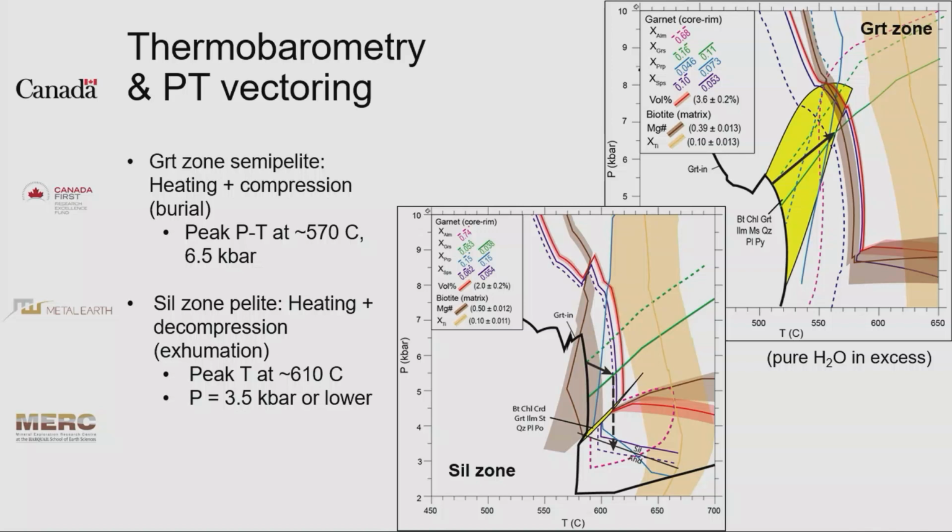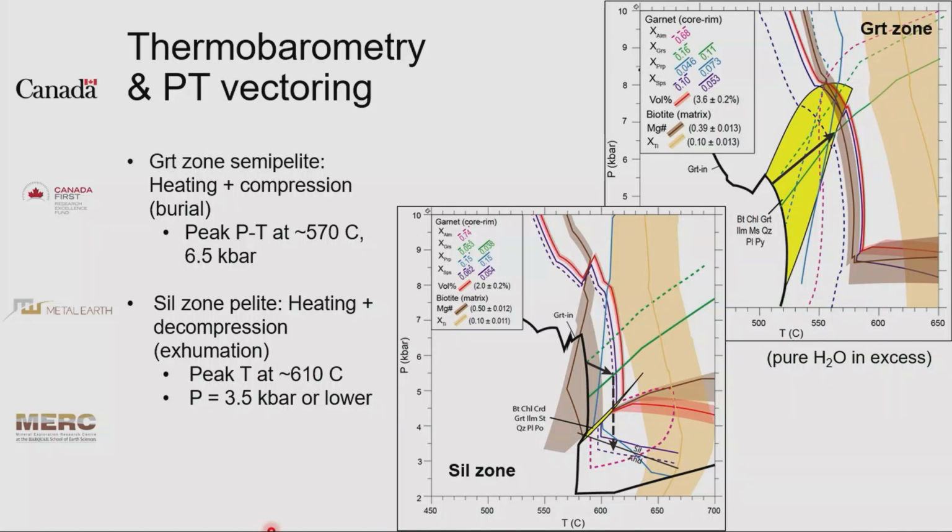In the garnet zone sample, we go from about 5 kilobars and 500 degrees Celsius at the garnet-in line, up to 560 degrees and 6.5 kilobars. That's really just a normal burial path.